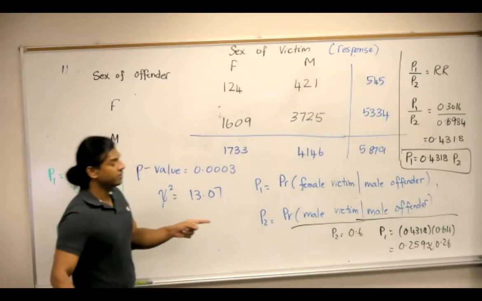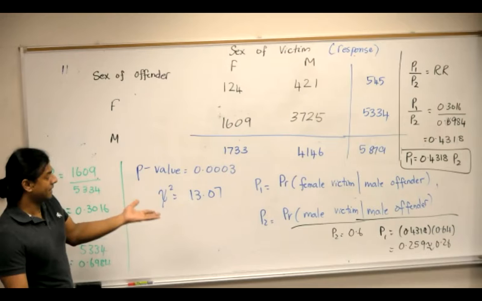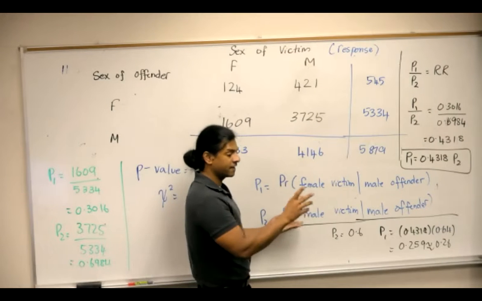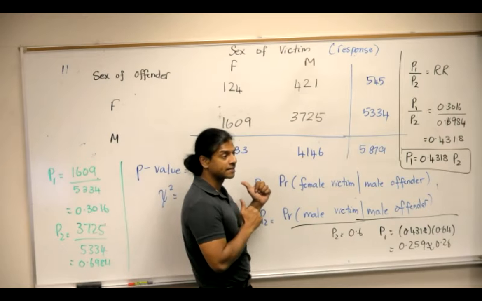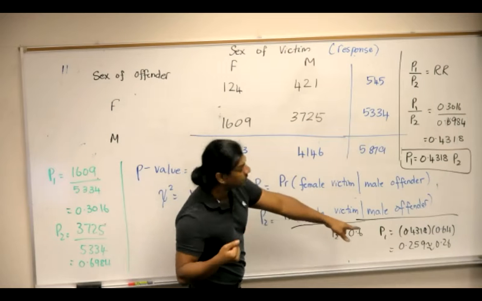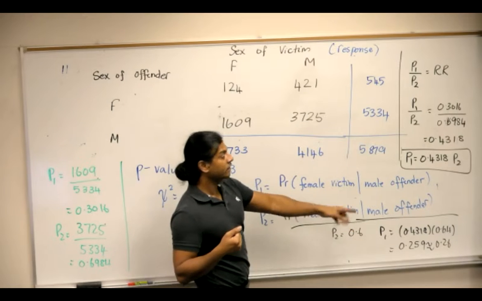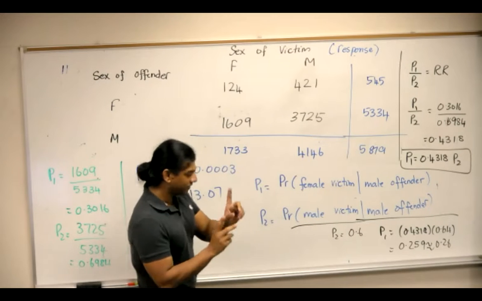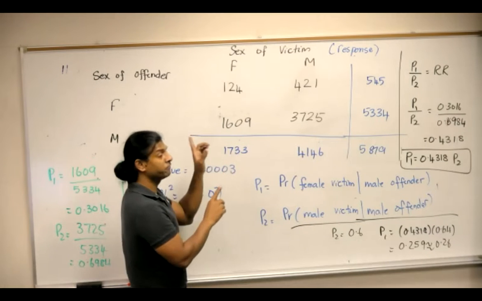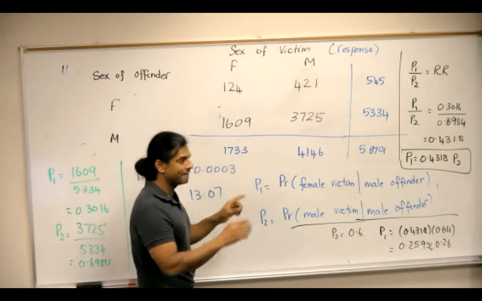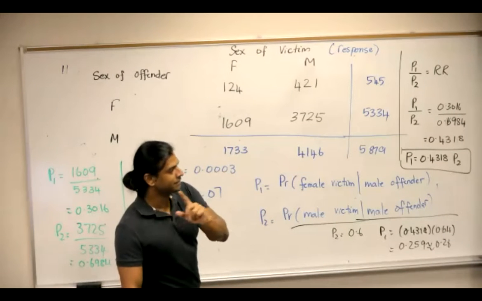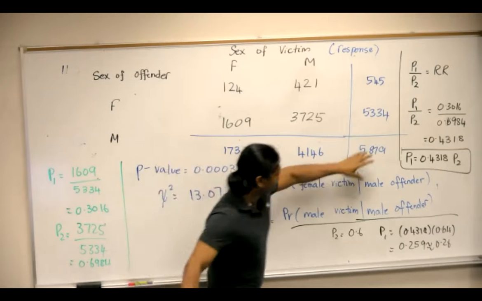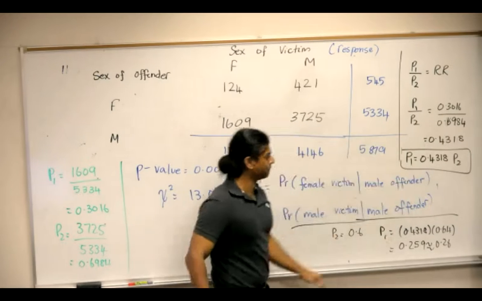So if the probability for a male victim given a male offender is 60%, female would be 26%. So clearly, if you have a male offender, the chances that the victim would be female is less likely than being male. Does that make sense? Condition on being a male offender.